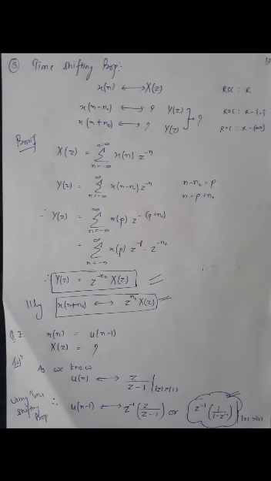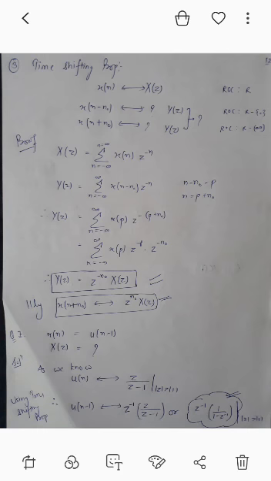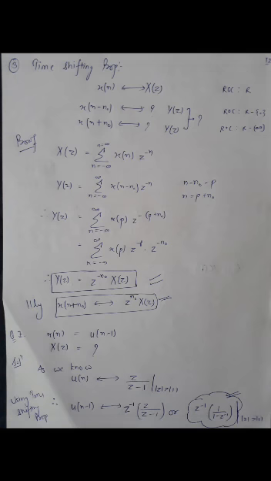Let's come to the next property, that is the time shifting property. x[n] has z transform X(z), so what will be the answer for x of n minus n naught or x of n plus n naught? Let's go for the proof. Just write out the formula of z transform of X(z), and replace x[n] by x of n minus n naught. We don't know this formula, so we replace n minus n naught by p, and n is equal to p plus n naught. So replace this factor: x of p z raised to power minus p plus n naught.